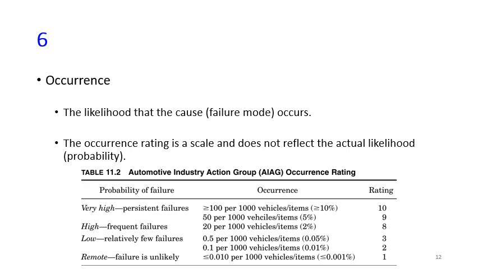Again, the rating is subjective, and this is just an example of an occurrence rating. If the probability of failure is very high, then you give a high rating for this occurrence. And if it is very unlikely to happen, you give a small rating.